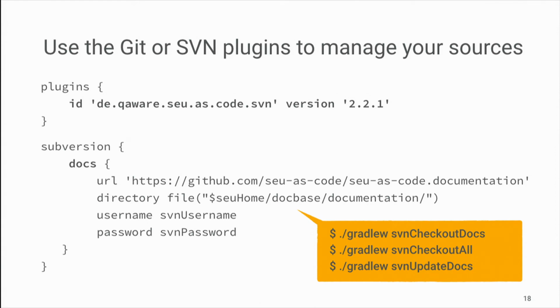For both of them, you don't need a locally installed Git or SVN client, okay? The Git plugin uses JGit, the library, and this one uses SVNKit, the Java version of this. So this works even if you have no Git or SVN client installed on your machine.